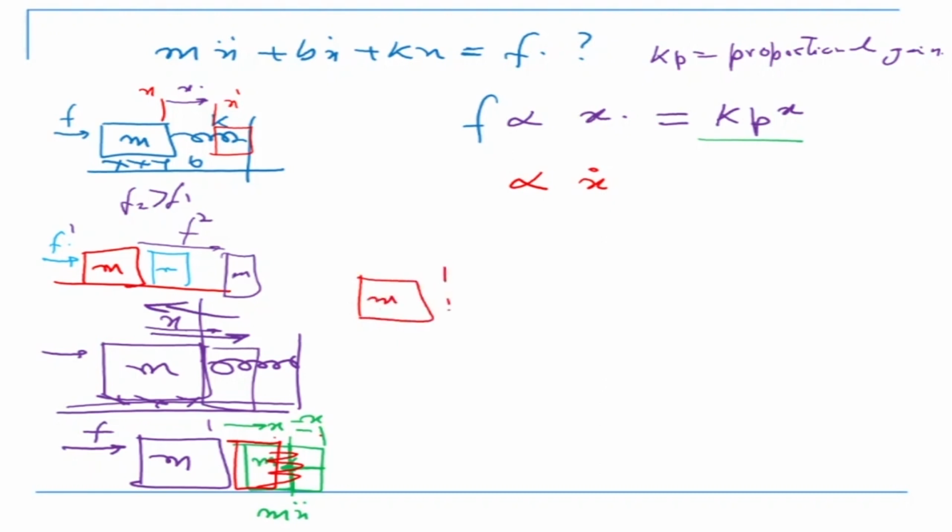If this is the mass and that's the desired position, as it is coming nearer to that, which is x dot, the force should decrease. Then it will go and stop here. So we need another term which is proportional to x dot, and this is equal to kd, or in some places it is called kv, into x dot, where kv is called my derivative gain. So kp is the proportional gain and this is called the derivative gain.